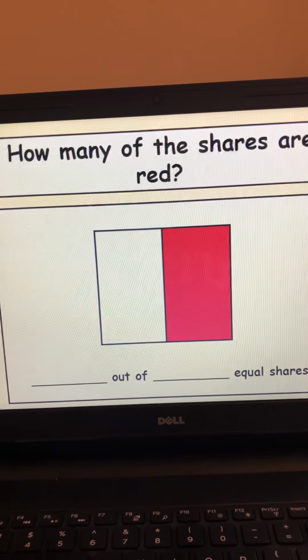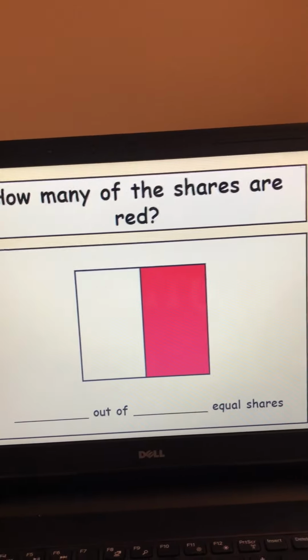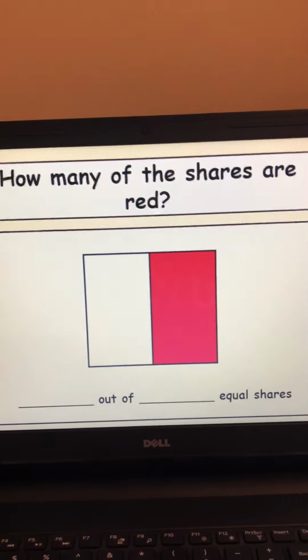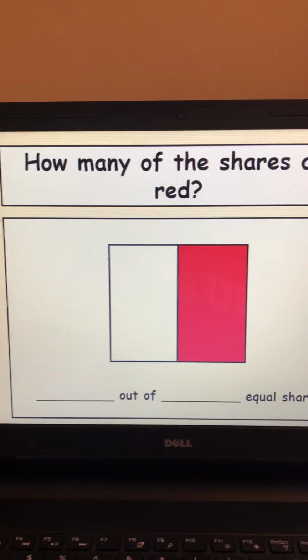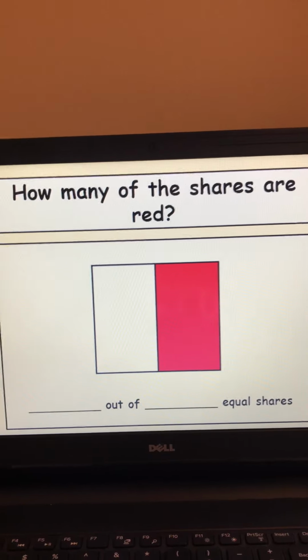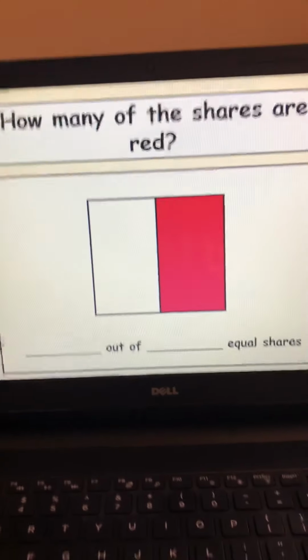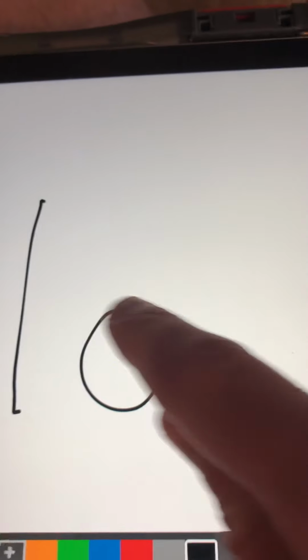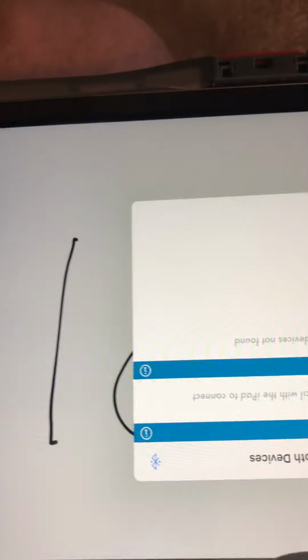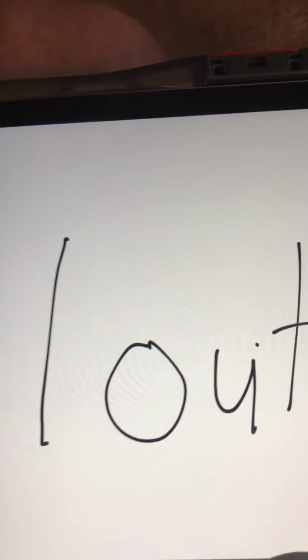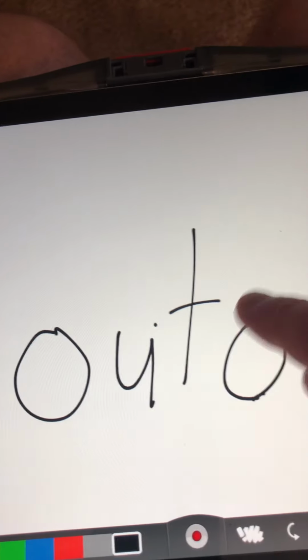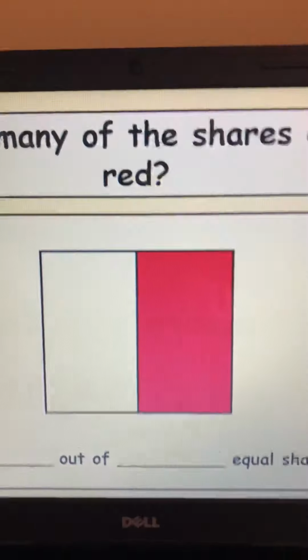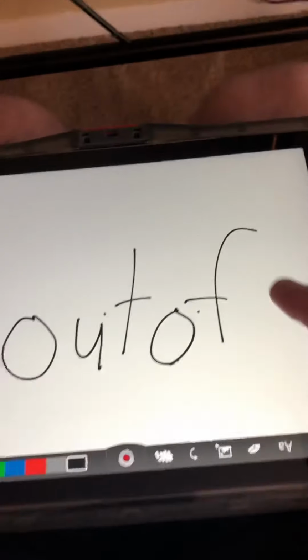How many equal shares are red? Let's see if we can figure that out. So 1 is red out of, and there's 2 total, so 1 out of 2.